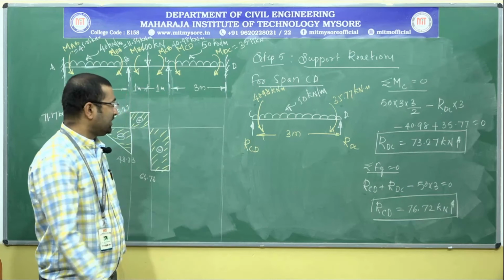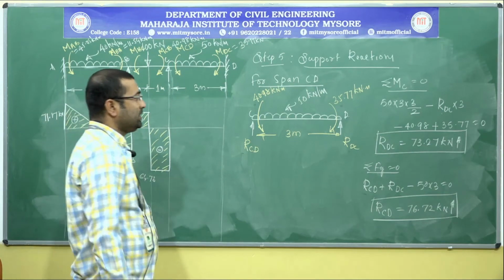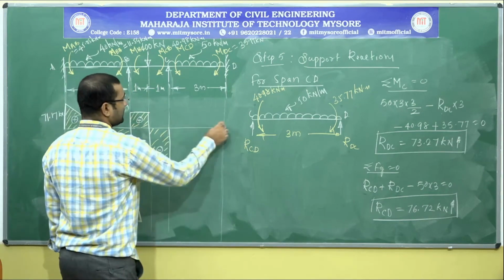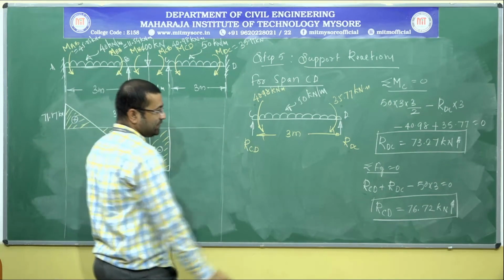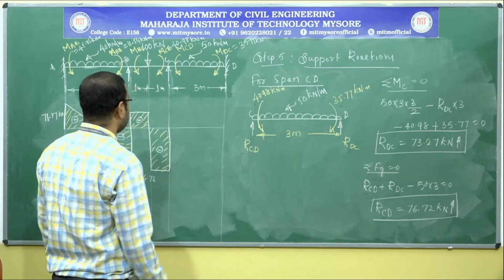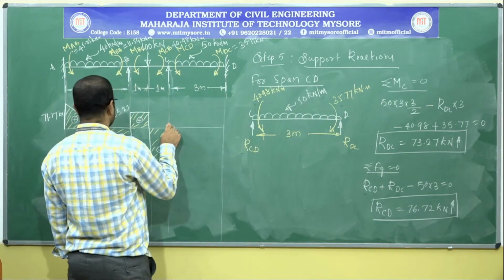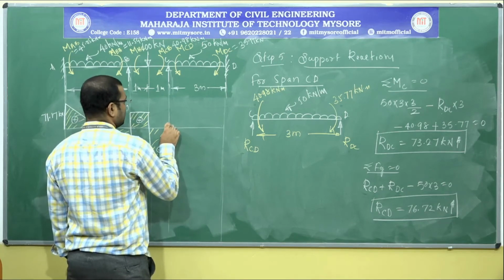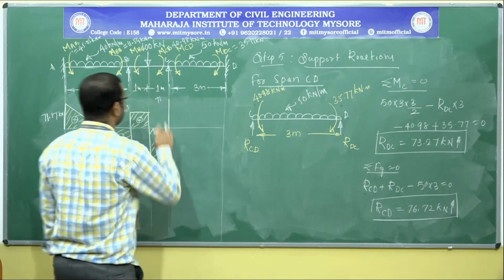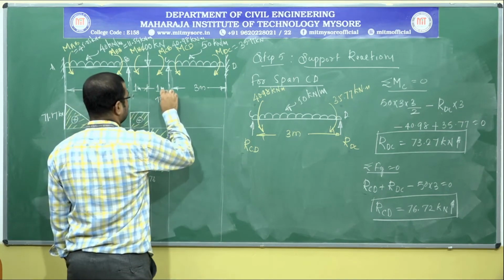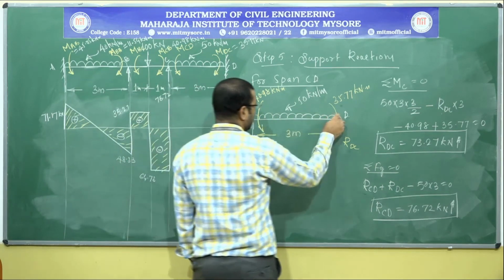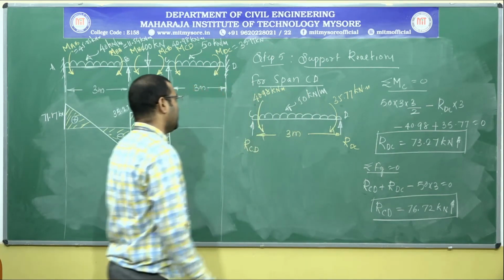So now using these values I have to draw the shear force diagram. See here, for the CD part, RCD value is 76.72, a positive value, it means I have to take the shear force diagram vertically upwards, something like this, 76.72. Soon after this reaction we have a UDL which is acting vertically downwards.